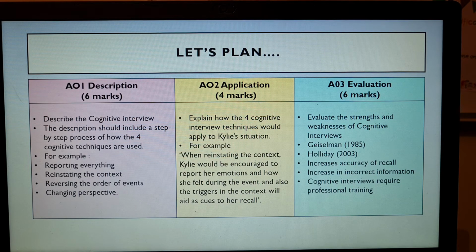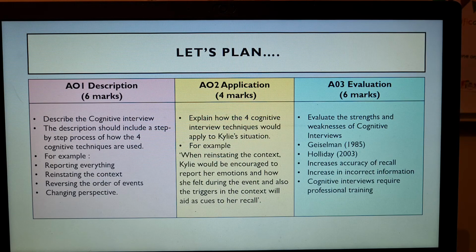AO2 application. So remember, application is all to do with the scenario itself, okay, and explaining Kylie's situation. So once you've done your description, you then move on to explaining how those interview techniques that you've just described in AO1 would then apply to Kylie's situation. For example, if I was to choose to write about reinstating the context, you would say Kylie could be encouraged to report her emotions and how she felt during the event.